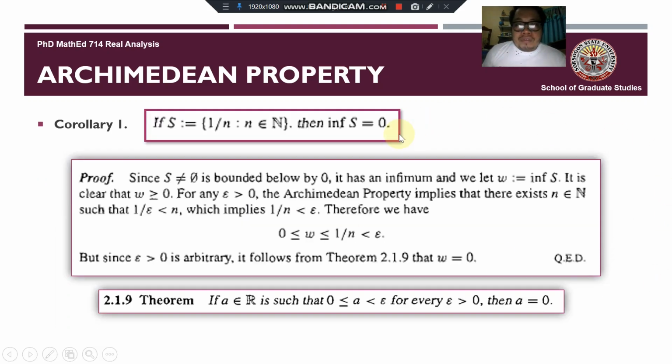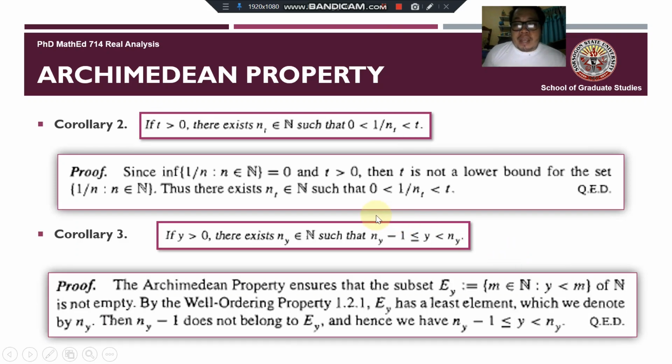From the definition and theorem that we have encountered in line with the Archimedean property, we have some corollaries. One is, if S is equal to 1 over n, where n is an element of the set of natural numbers, then the infimum of set S is equal to 0.